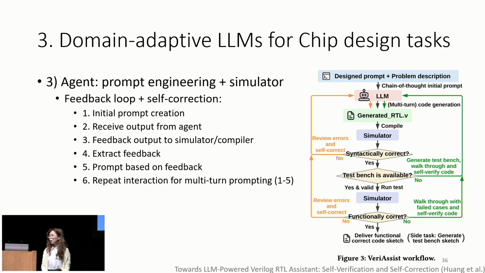Then you also collect the feedback from the simulator or the compiler, like what errors happened and where they happened, and for some specific inputs, what the expected output is versus the real output you get from the LLM. Then you can extract this feedback, generate the prompt again based on it, and do this multi-turn generation.